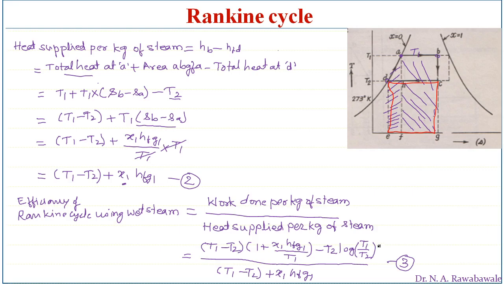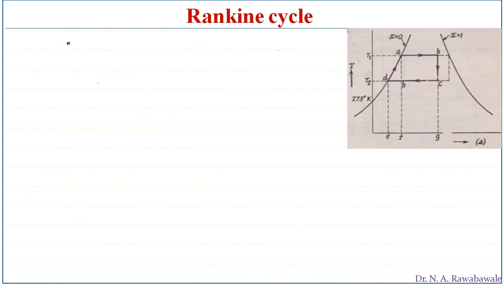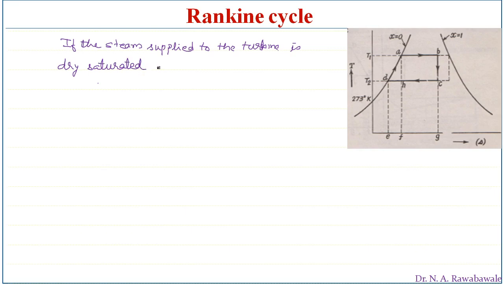So if this Rankine cycle uses dry saturated steam, that is, if the steam supplied to the turbine is dry saturated, then the value of dryness fraction x1 is equal to 1.